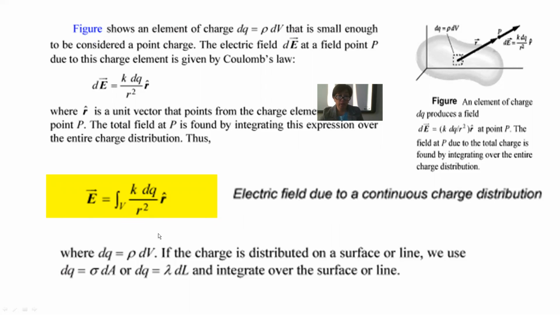And where the charge distribution is on a surface or line, we use a different form. If the distribution is on a surface, dq equals sigma, the surface charge density, multiplied by dA.